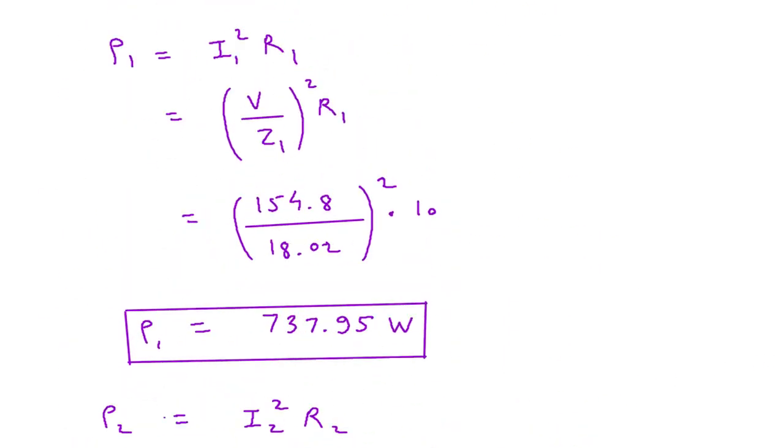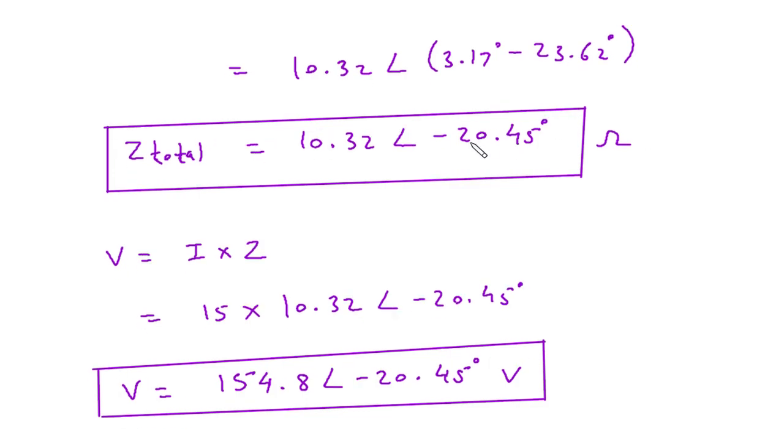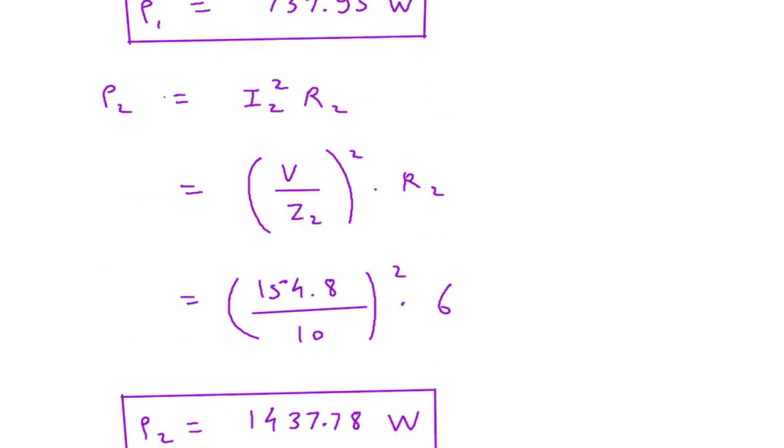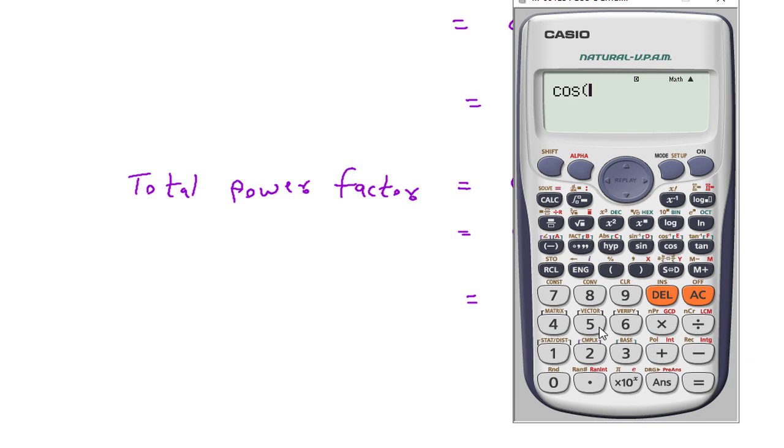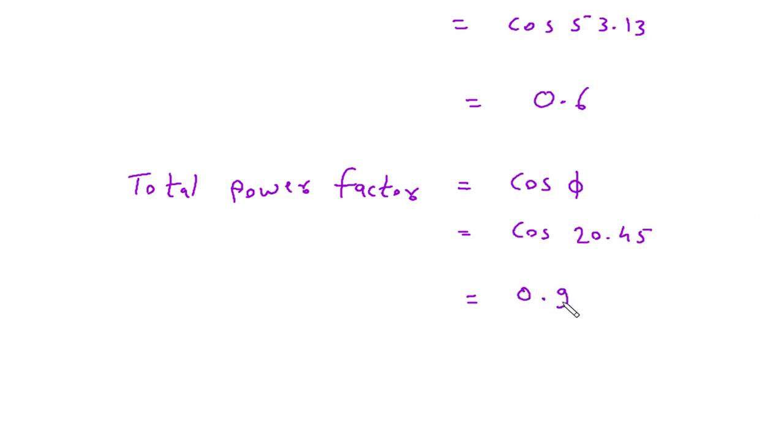Here we can see the total impedance angle is 20.45 degree. So cos of 20.45 is 0.936.